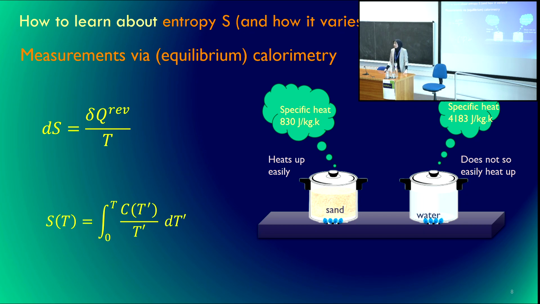Here, heat capacity appears. And this is called calorimetry. You measure the heat and heat capacity in the system, and it's called equilibrium calorimetry. And now, somebody tell me, what is the definition of the heat capacity?